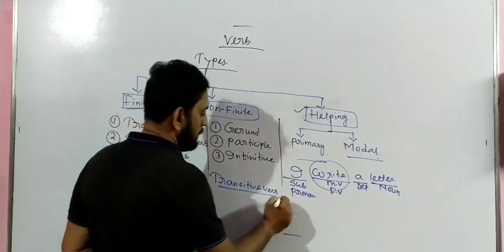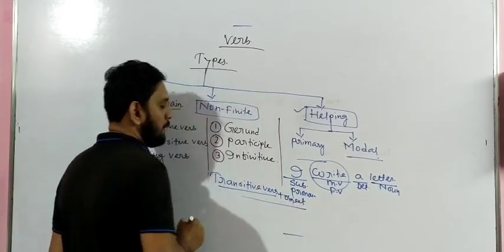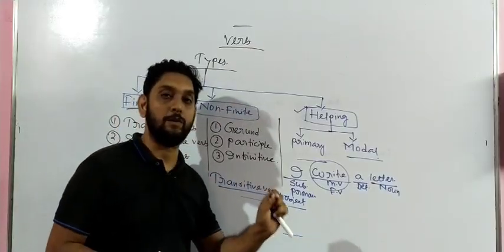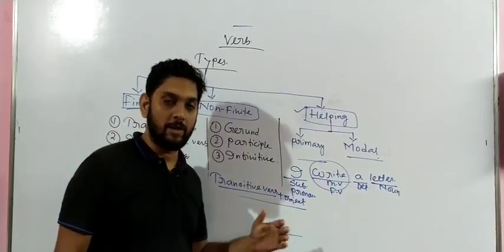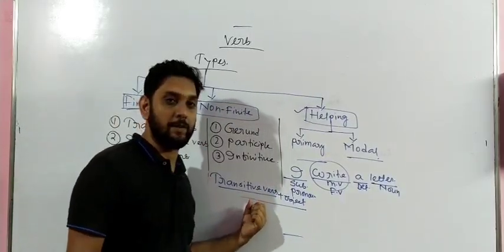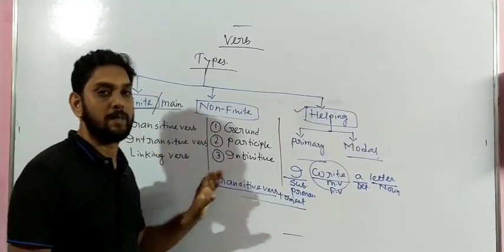That means after a transitive verb you have to use an object, and unless there is an object, it cannot be considered a transitive verb. It can be considered an intransitive verb of the sentence.